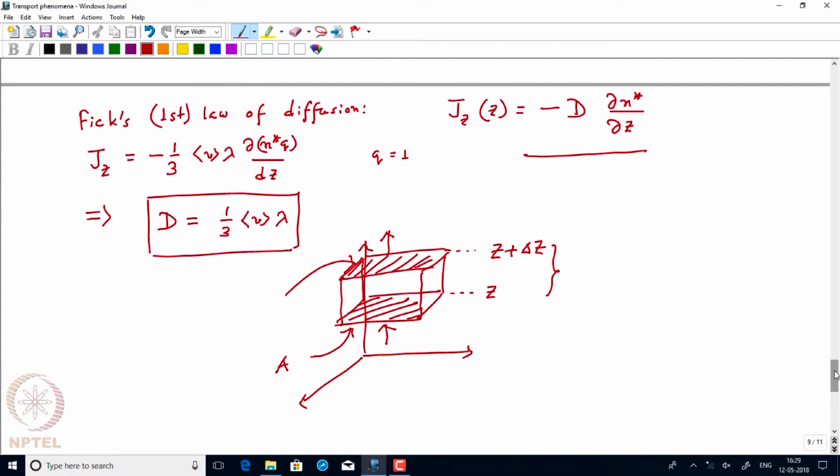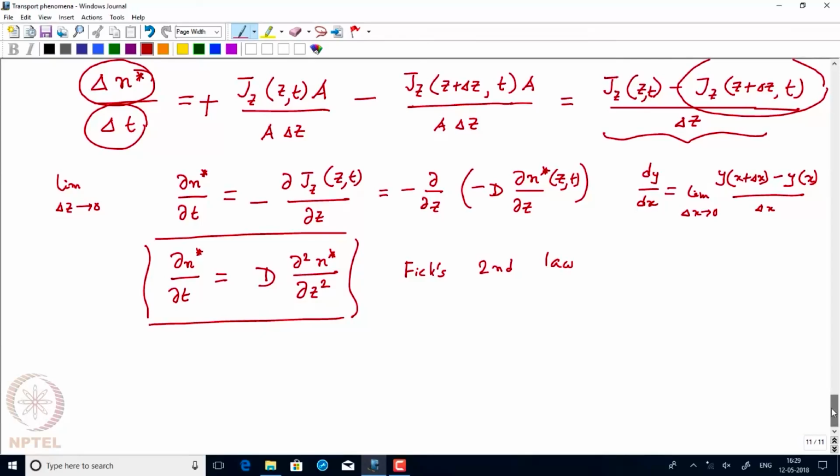As the molecules move, the concentration must change with time, and so the concentration gradient changes, which means the flux itself changes. To incorporate that, we arrived at a very nice equation: the time derivative of the concentration is nothing but the second derivative of the concentration with respect to space.